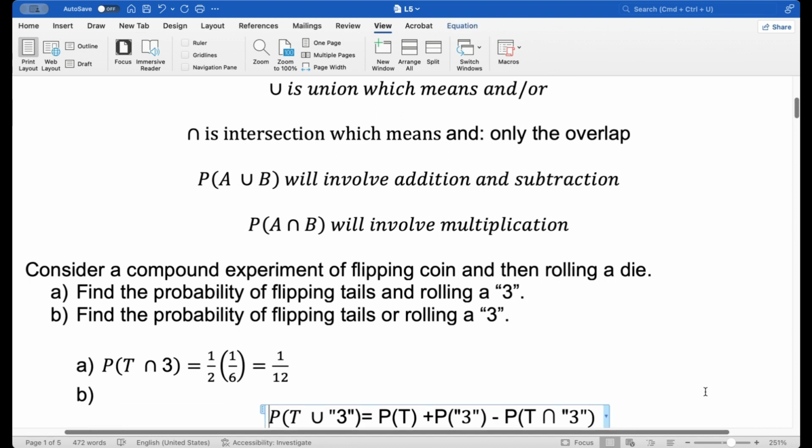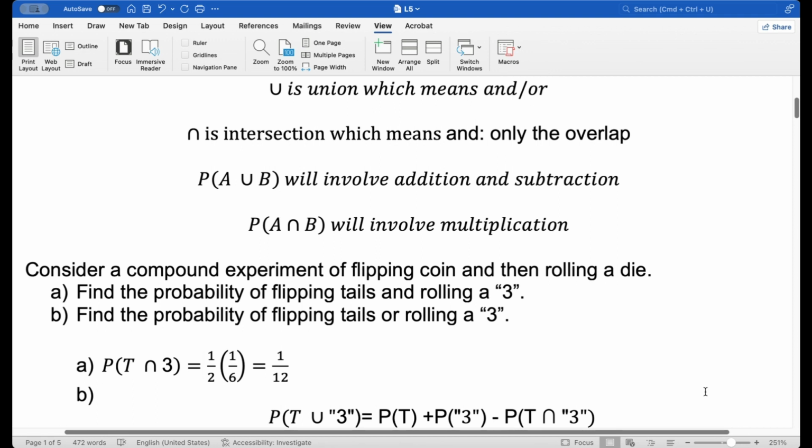So the probability of tails and 3, it turns out in this particular case that we can just multiply the probabilities. The probability of tails is 1/2. The probability of rolling a 3 is 1 out of 6. The product is 1/12. There are certain cases where we have to be a little bit more careful than that. We're going to get to that later in the lesson here.